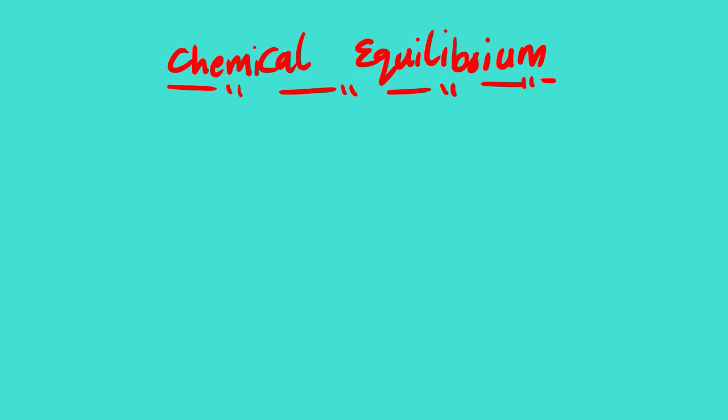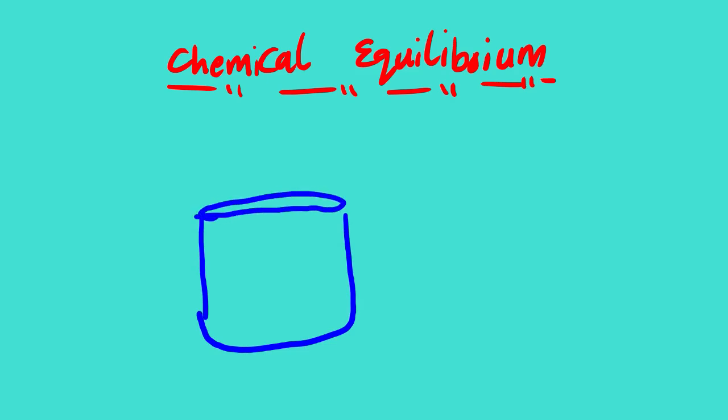Remember that we talked about two types of systems, the open system and the closed system. The dynamic chemical equilibrium occurs in a closed system. So suppose we have this steel container, it is closed. Inside this steel container we have water.